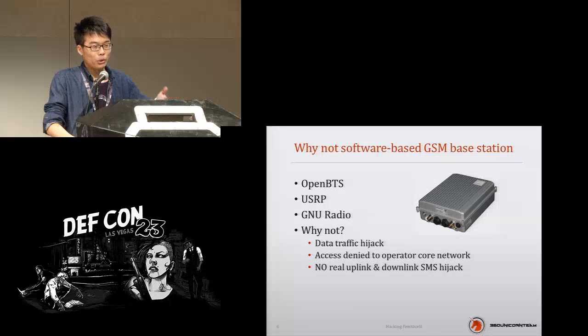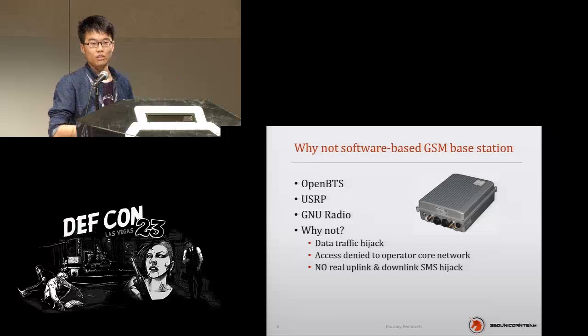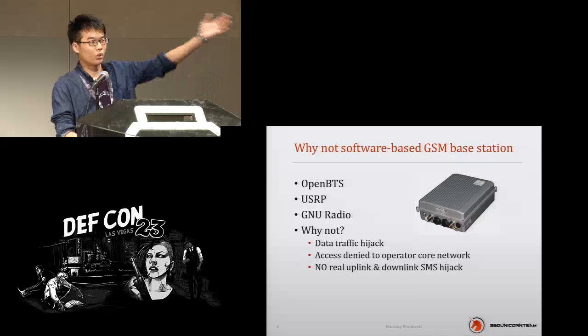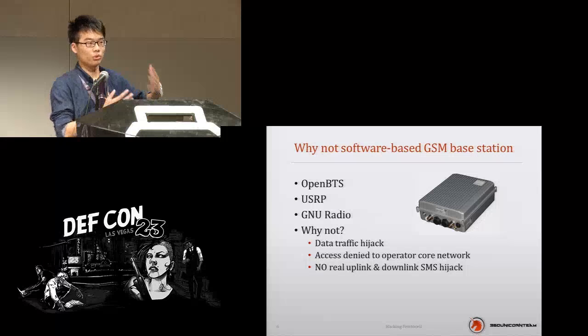It will be denied access to the operator's core network, and it has no real uplink or downlink SMS, so you cannot hijack it. You can know what's going in, but you won't know what's going out.